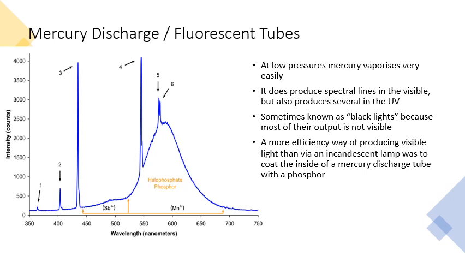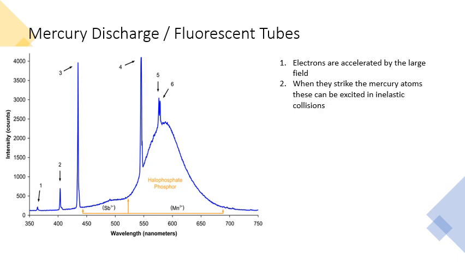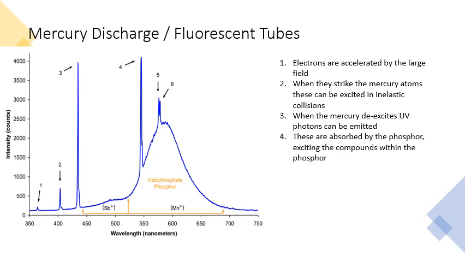So we'll just go through it. So the electrons are accelerated by the large field. When they strike the mercury atoms, they cause the mercury atoms to become excited via inelastic collision. When the mercury de-excites, we get some visible photons, but we also get some UV photons. And the UV photons are absorbed by the phosphor, exciting the compounds within the phosphor.